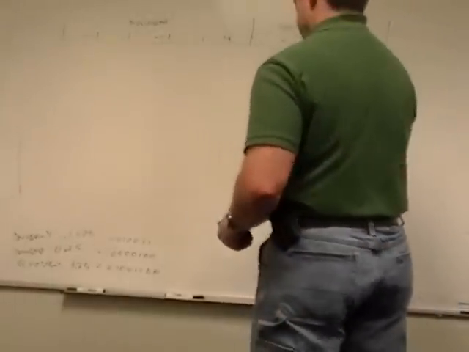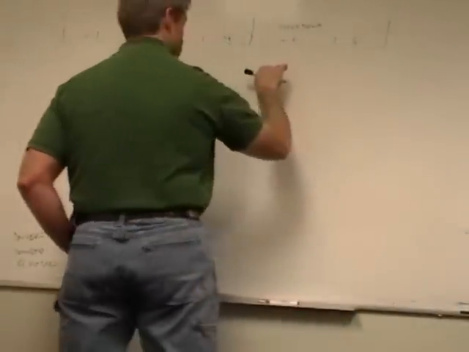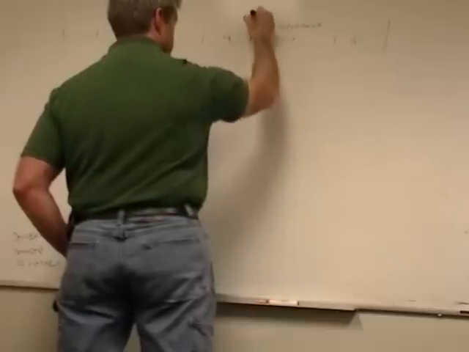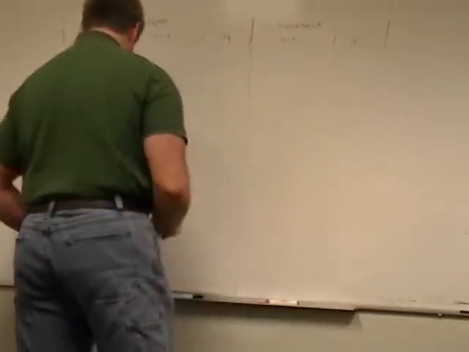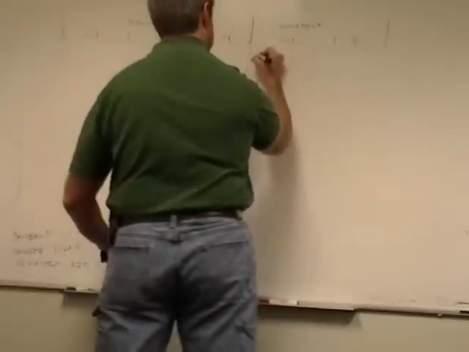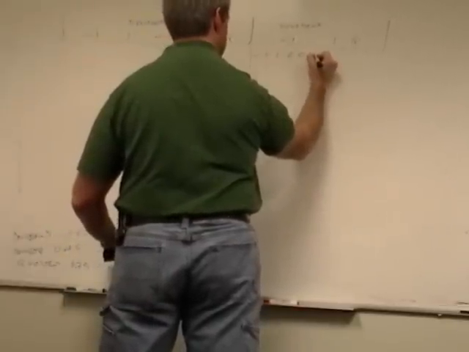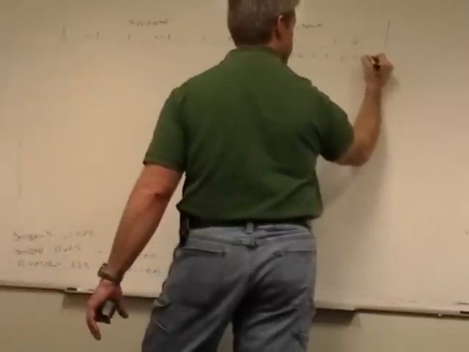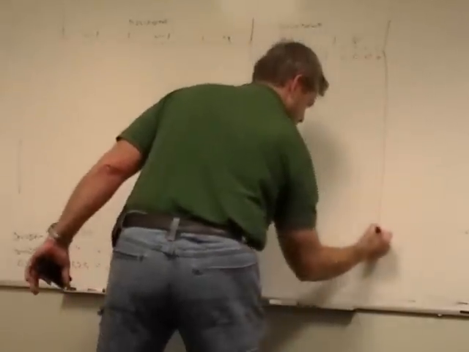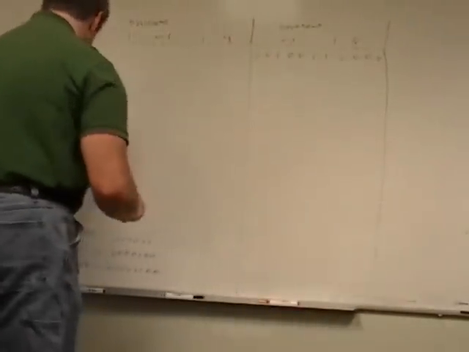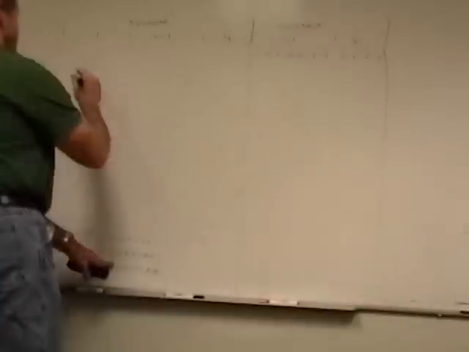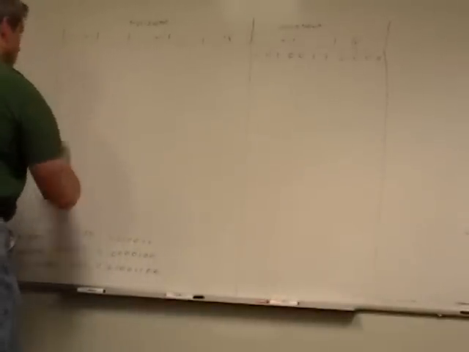And we set our dividend over here into the leftmost bits. So 0, 0, 1, 0, 0, 1, 1, 0, 0, 0, 0. And like I said before, our divisor goes all the way over here on the far left.